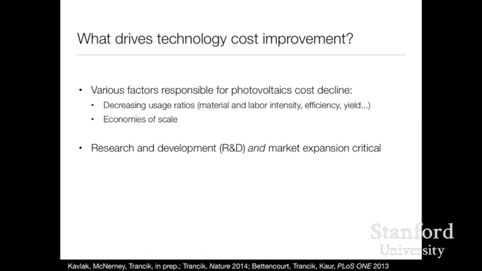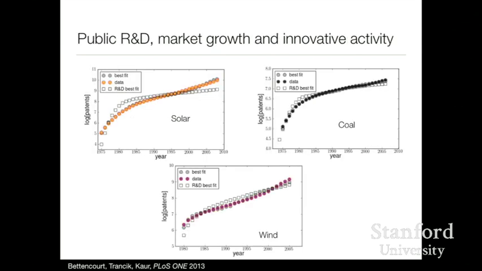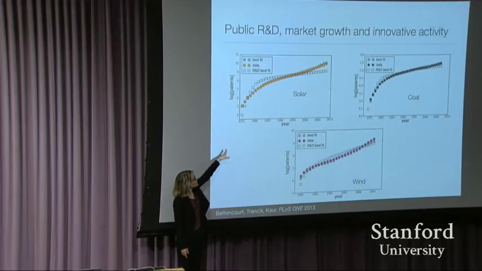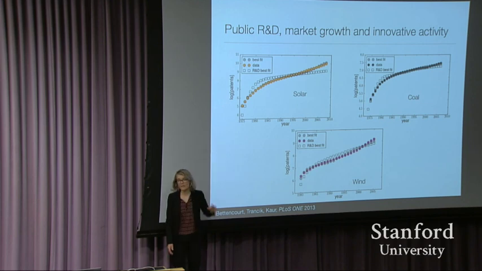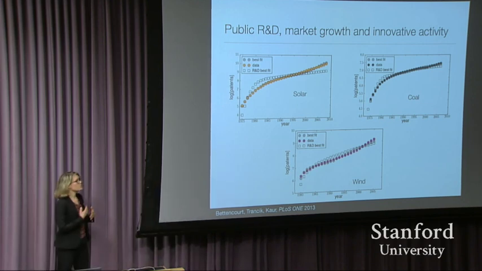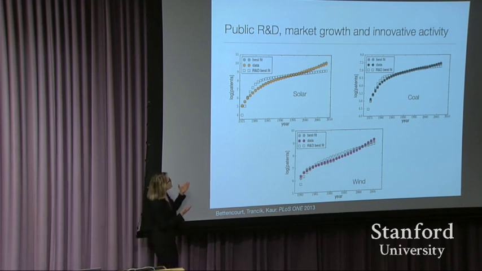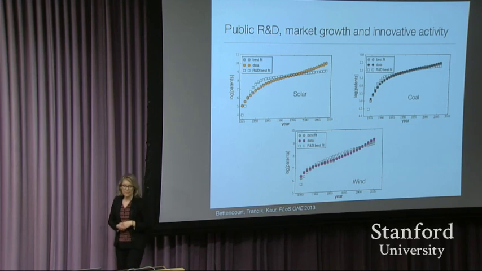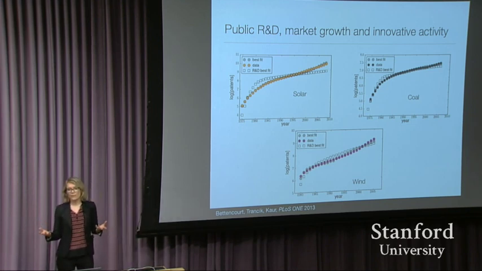This is something that we also see evidence of in the patent data. So just quickly, I wanted to show this graph here where we're looking at patents on the y-axis. And what we see is that when we take into account market growth, we can much better predict or fit the actual trend in patents over time than when we just look at public R&D.